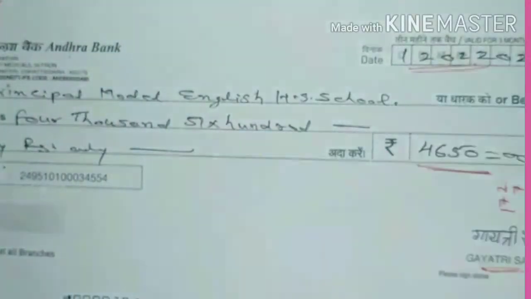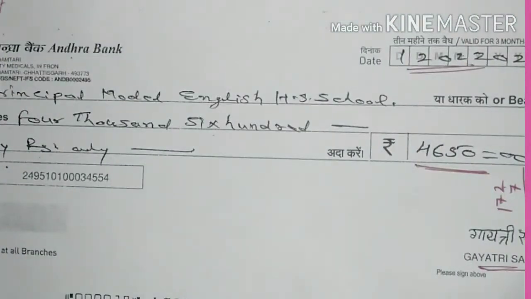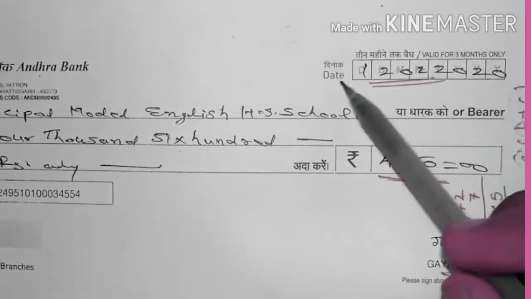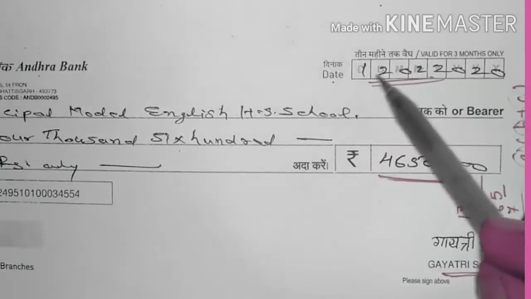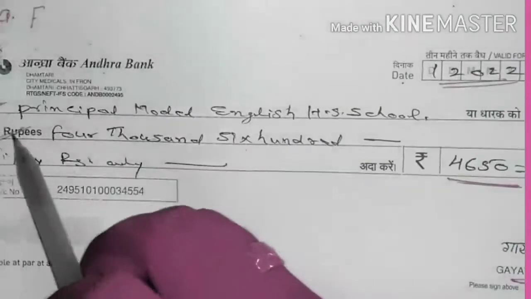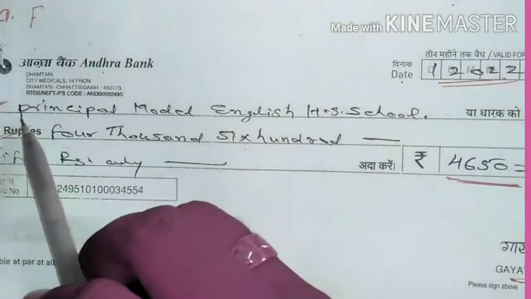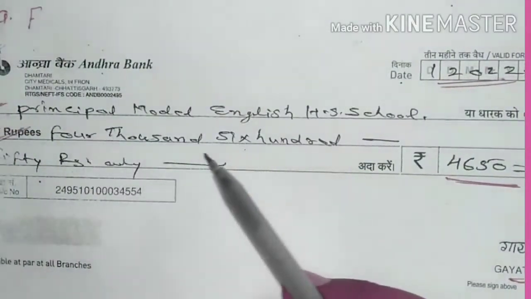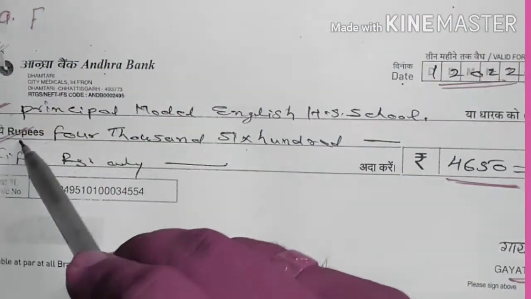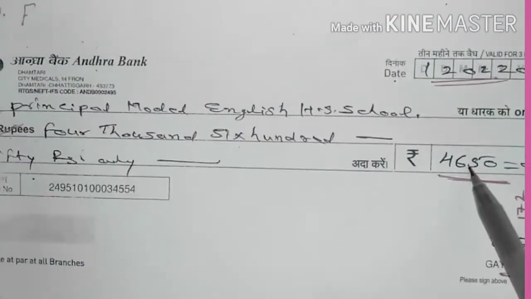So what you have to write here, I told you, listen here. Here is written date. Okay, then pay. Pay means you have to write whom you are giving the money to. Next one is rupees. For rupees, how much money are you giving?